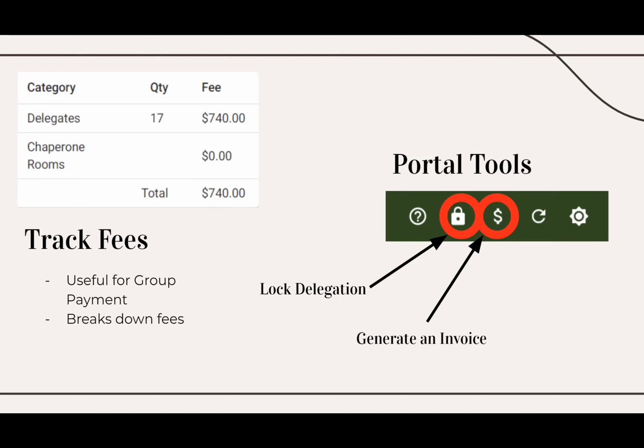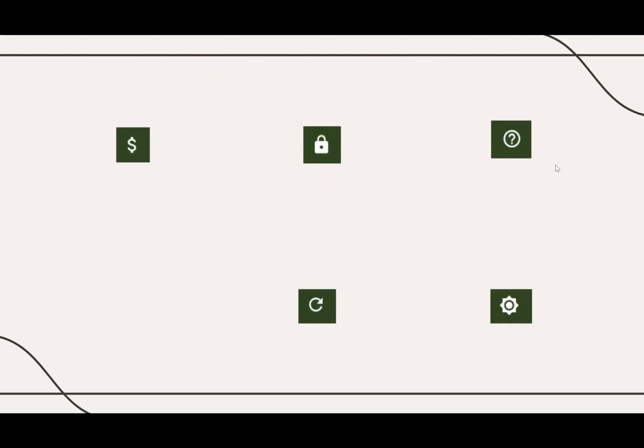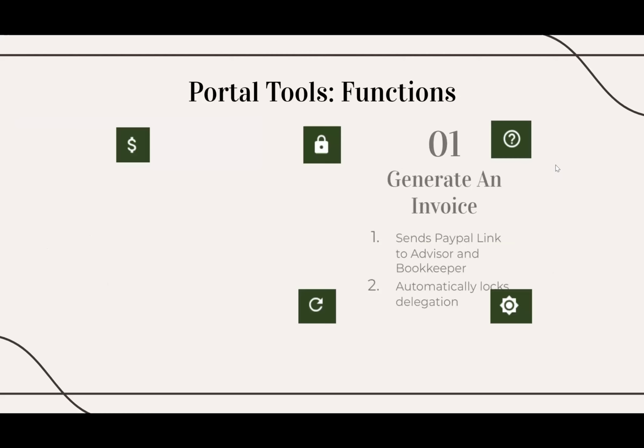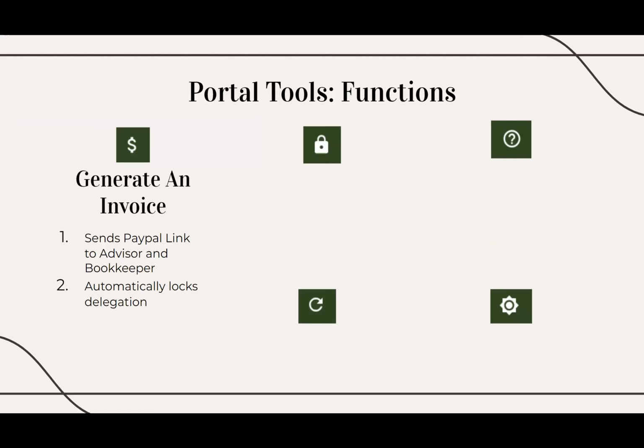So how do you actually generate an invoice, right? This lies in the portal tools, which is the top right corner of the delegation portal. So the two main ones are this lock delegation feature and this generate an invoice feature. To generate an invoice is to click that money button.